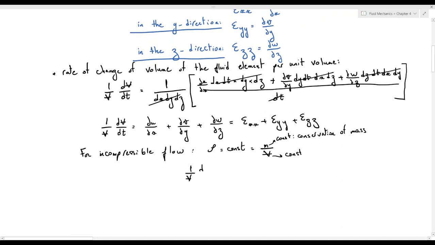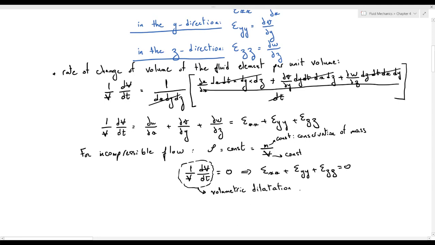So in this case, 1 over V dV over dt, there is no change in volume, should be equal to 0. That means that the summation of the linear strain rates epsilon xx plus epsilon yy plus epsilon zz should be equal to 0. This term 1 over V dV over dt is called the volumetric dilation rate.